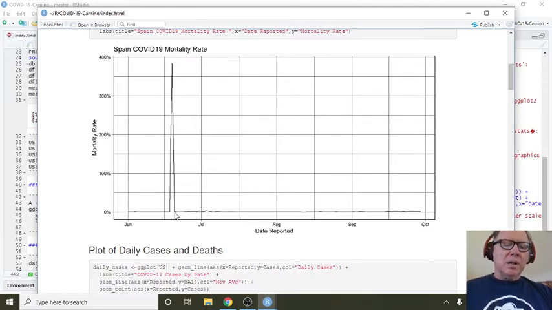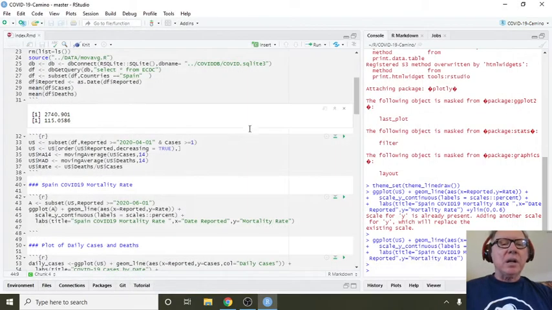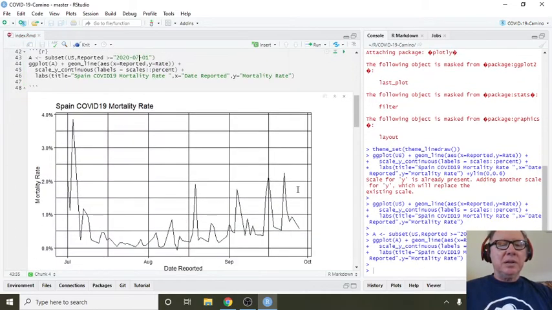So let's try. I'm going to try July 1st here. Because he obviously didn't have a 400% mortality rate. This is a little better.